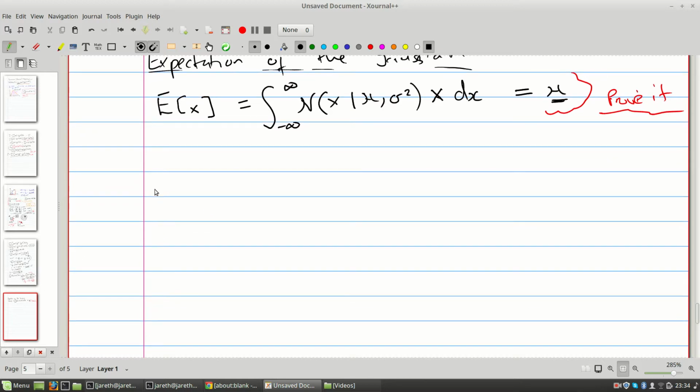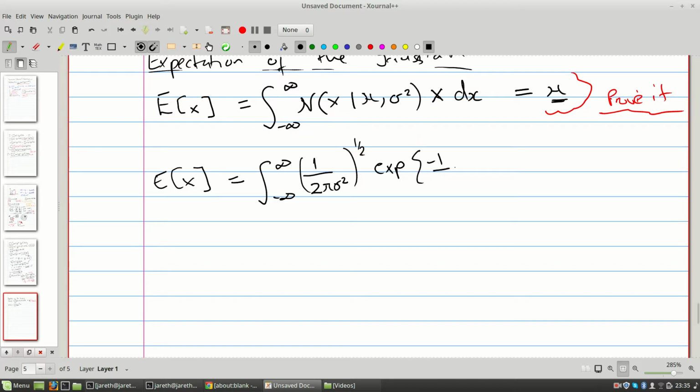So let's actually expand it again. We have the expectation of x being equal to the integral from minus infinity to infinity of 1 over 2 pi sigma squared, to the power of a half, times the exponent of minus 1 over 2 sigma squared multiplied by x minus mu.